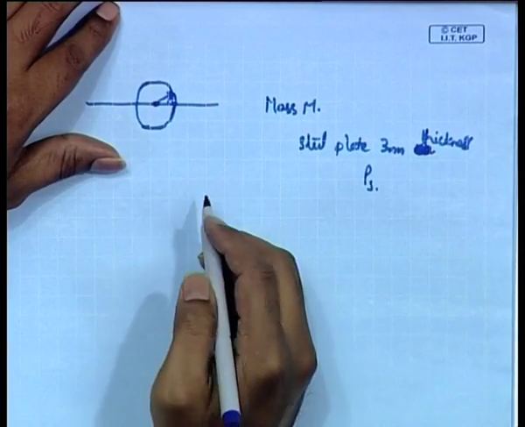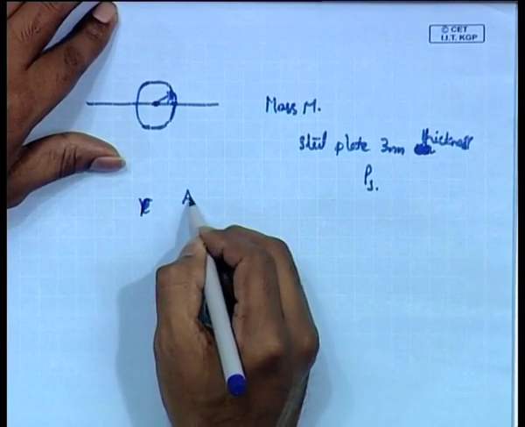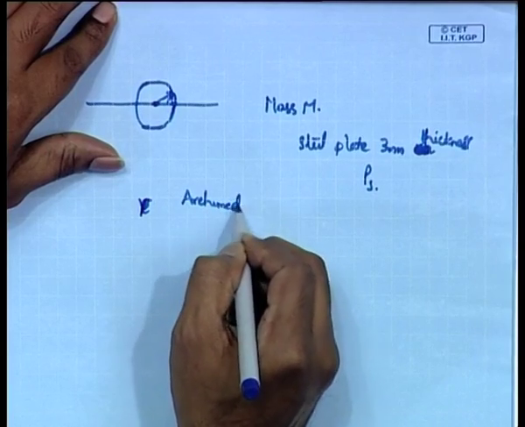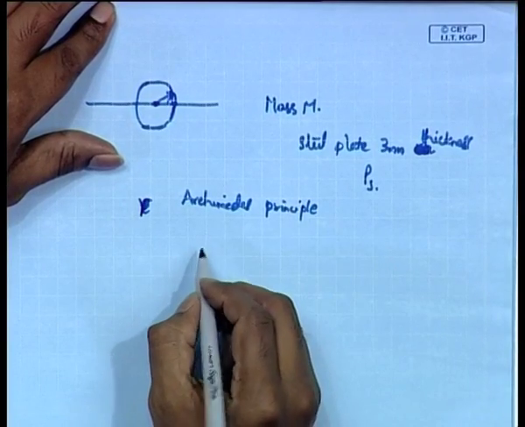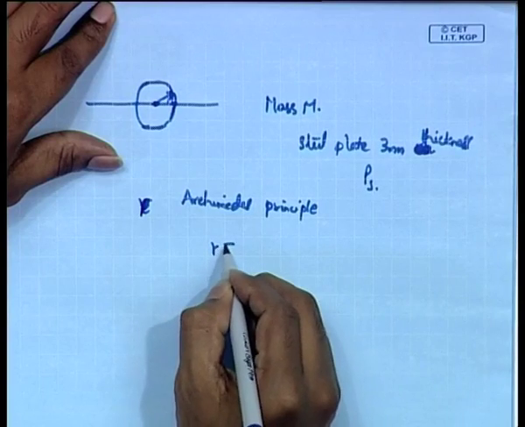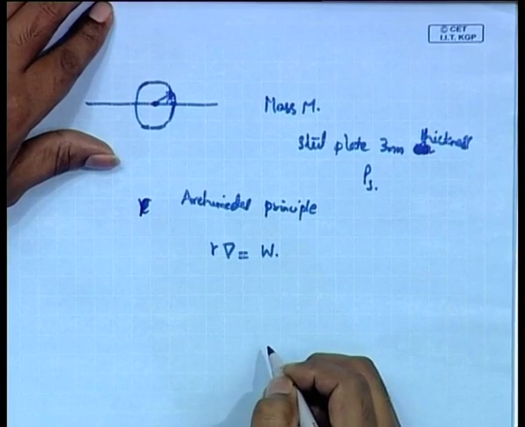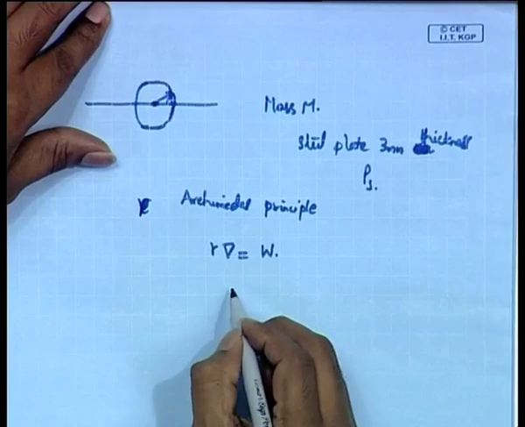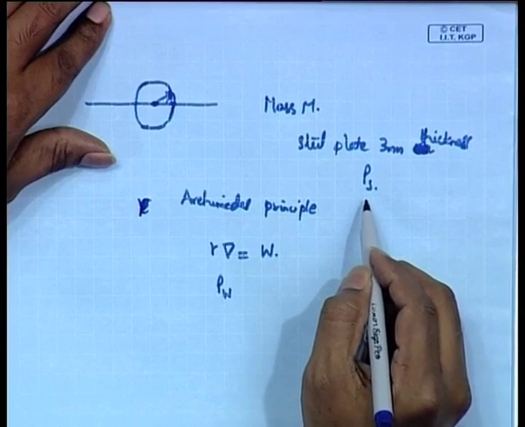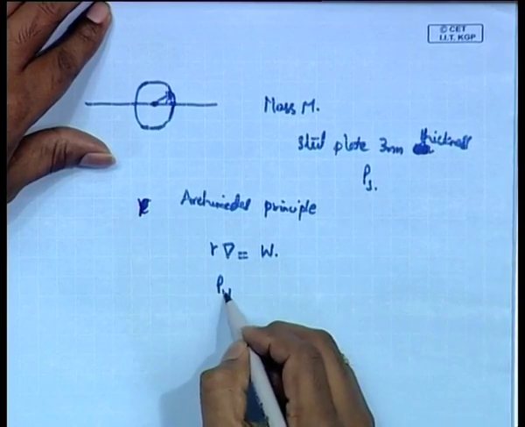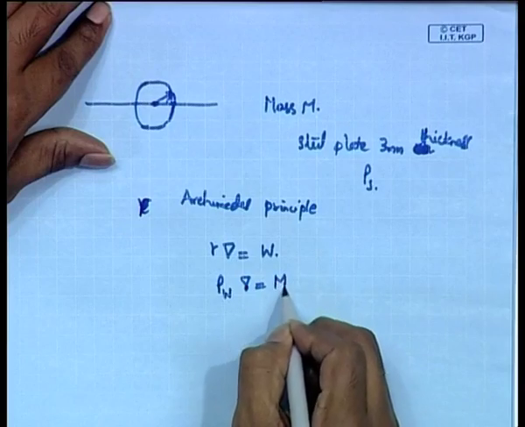Now, first of all, we bring in the Archimedes principle. When you have the Archimedes principle, you say that gamma del is equal to W. This is the first principle, where rho of water into del, this is not the rho of the steel plate, this is the density of water, into del equals the mass of the body m in this case.